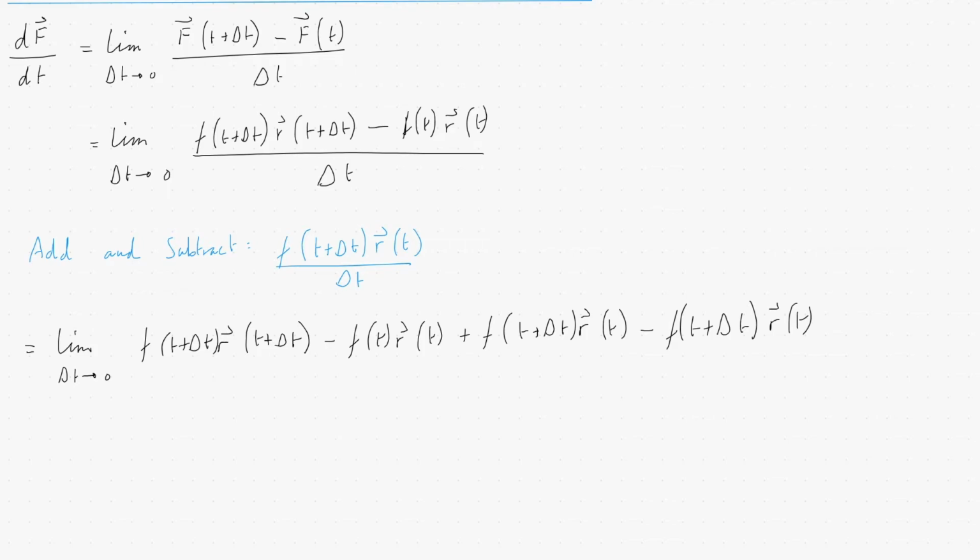And this is once again all over delta t. Okay, now it looks long and it looks complicated, but we're going to split it up. It's only 4 terms: 1, 2, 3, 4.